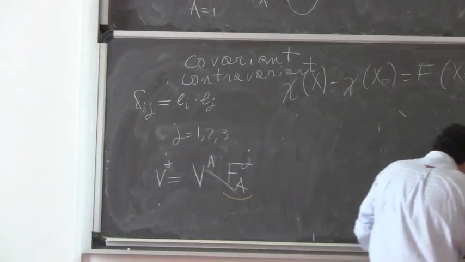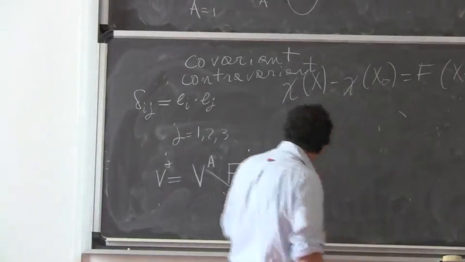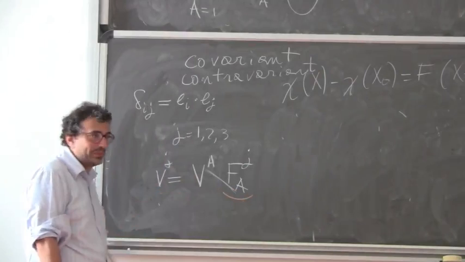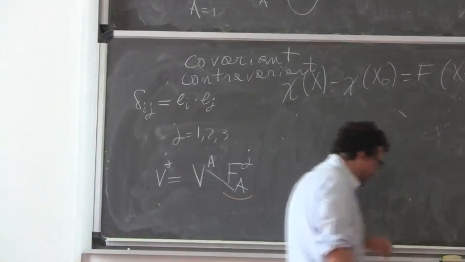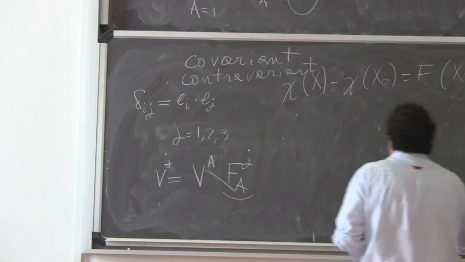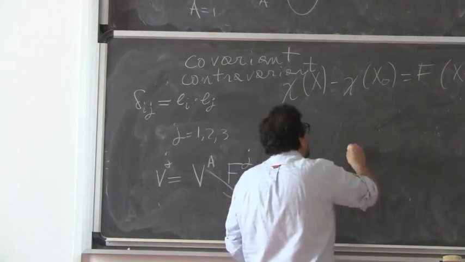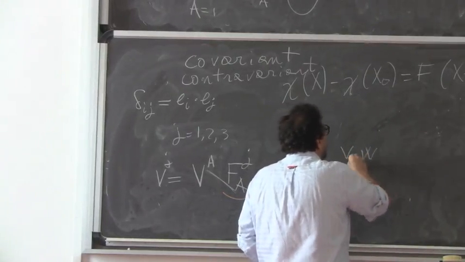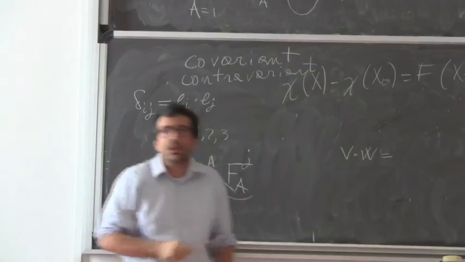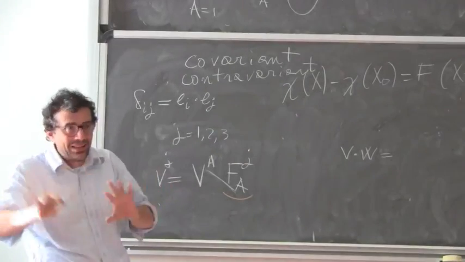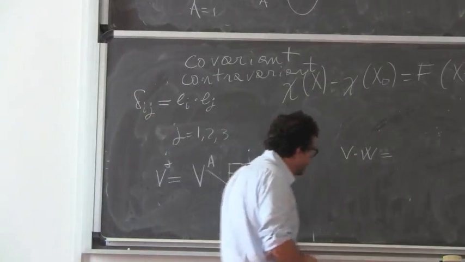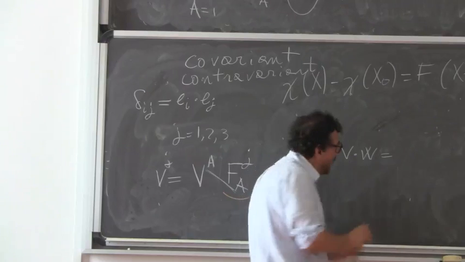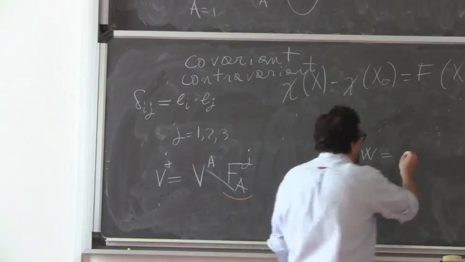Okay. Let us move another step. From now on, I will use these formulas when needed. If I have the inner product v dot w, with this notation, again, I could be more precise, but I will not.